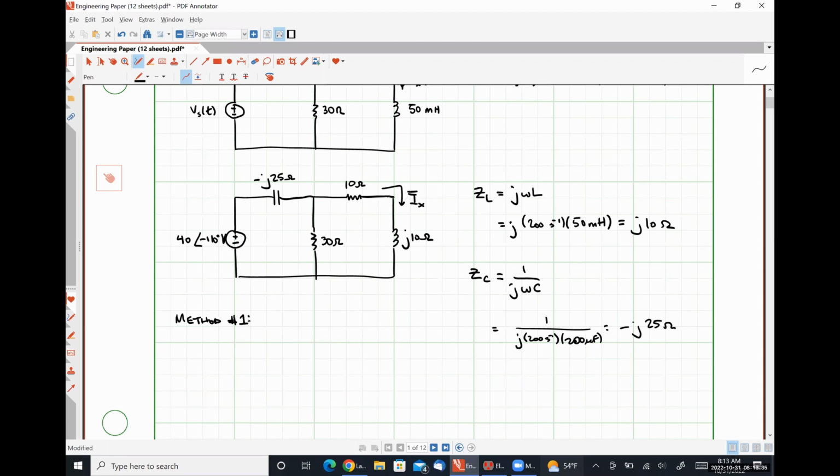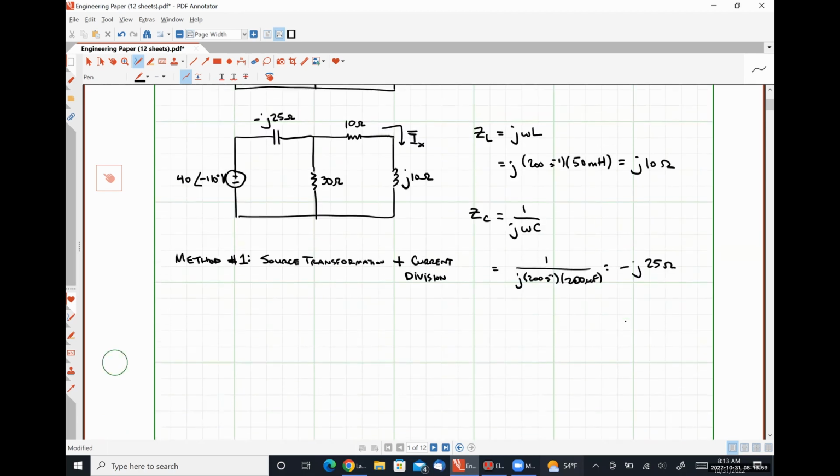So method number one here is going to be source transformation and current division. I'm running out of space. So we're going to start by doing a source transformation. This is going to follow the same rules as source transformation for DC circuits did.